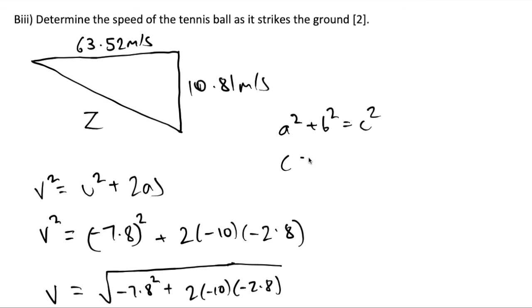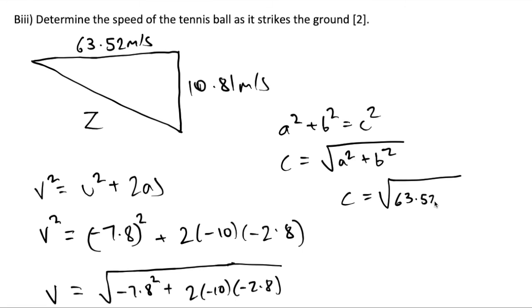So c is equal to the root of a squared plus b squared. So let's put in our values that we know. c is equal to the root of 63.52 whole squared plus negative 10.8 squared.